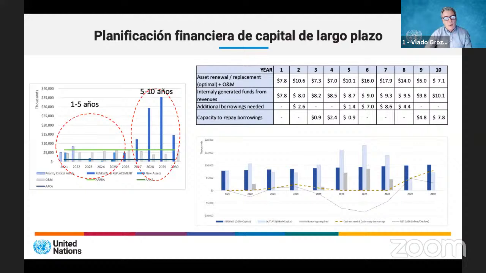As you can notice here, this gives us some indication that our assets will quickly deteriorate after 5 or 10 years, this graphic shows.